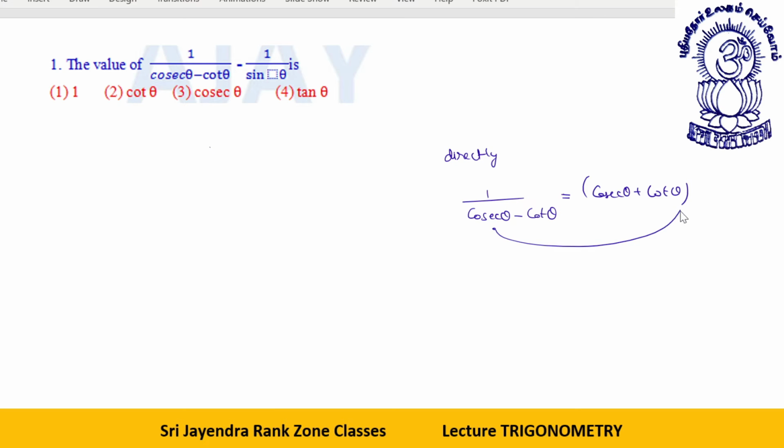Because if you take this thing over here, these two get multiplied and give you 1. So this thing I will write as cosec theta plus cot theta. This minus sine theta will go up and become plus cosec theta, so this is minus. Cosec and cosec cancel. This will give you a cot theta, quite easily done.